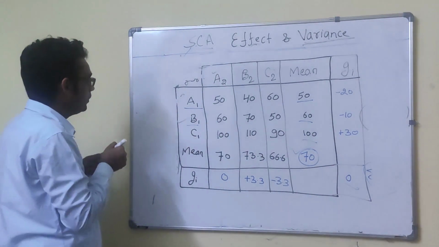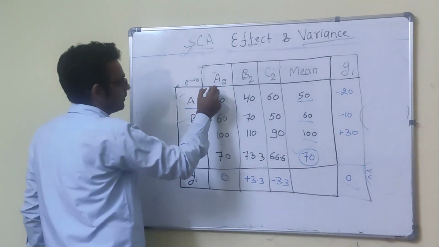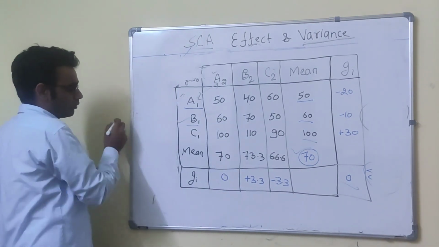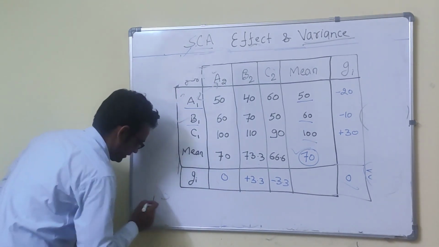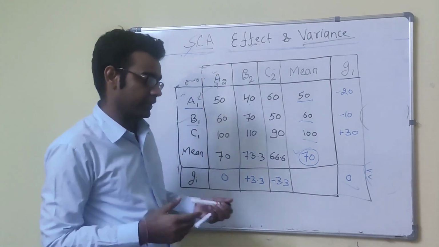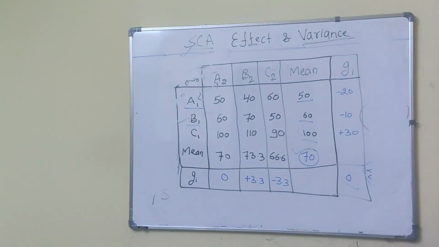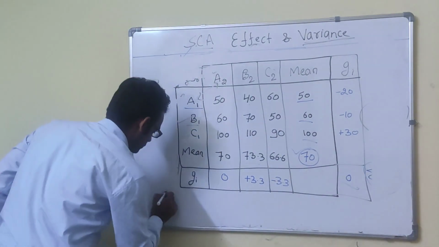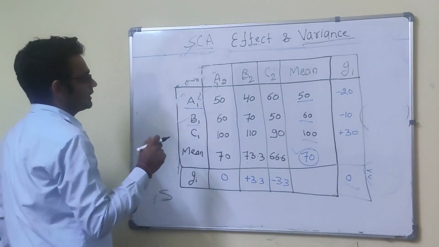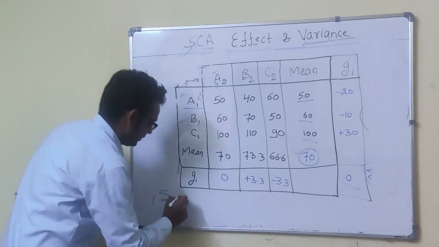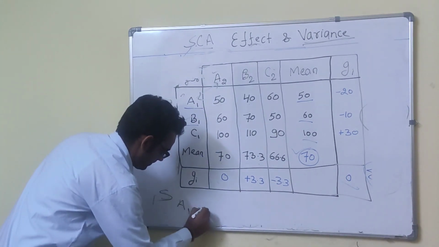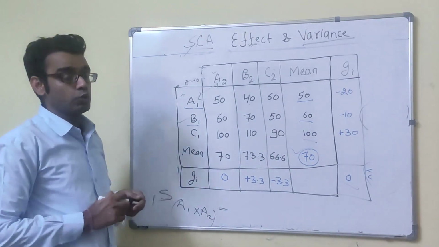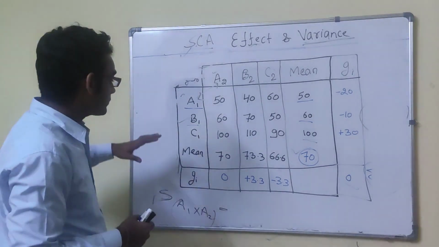So suppose you want to calculate the SCA effect of this A1 into A2 cross-head. Actually, in this lockdown period, no marker is available. So suppose you want to calculate the SCA effect of this cross A1 into A2. So how will you calculate?